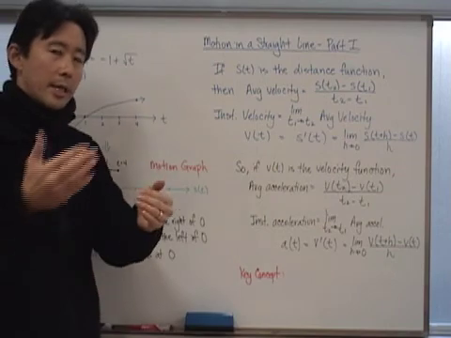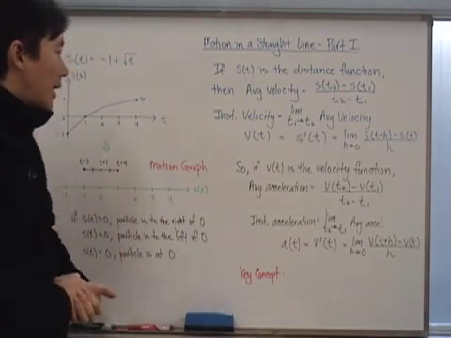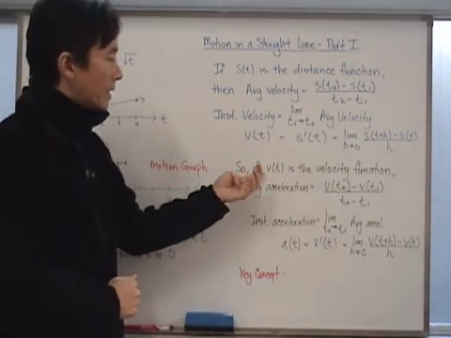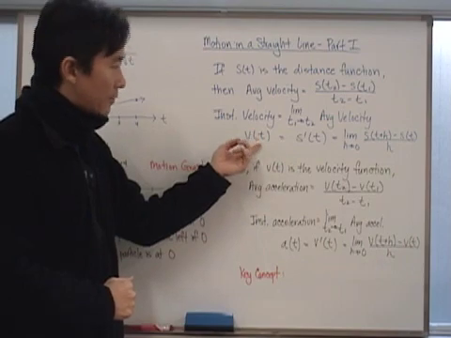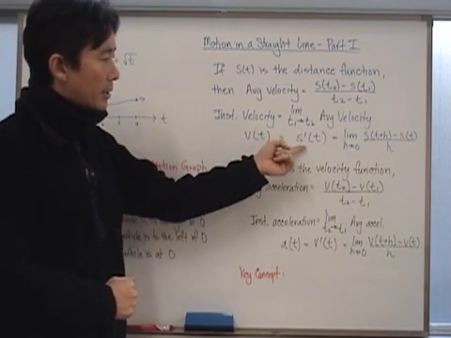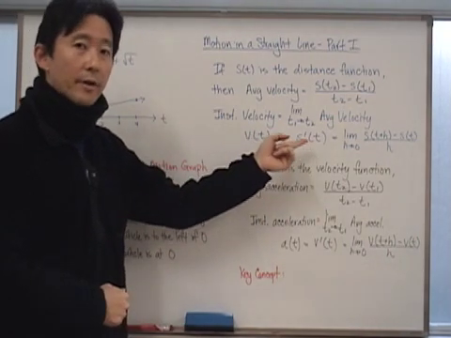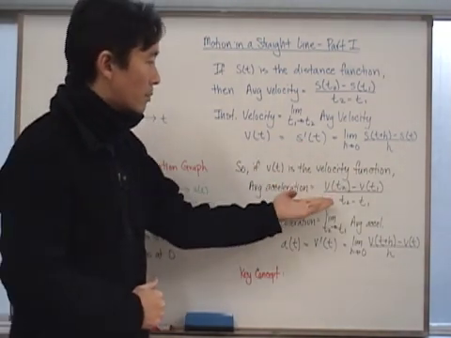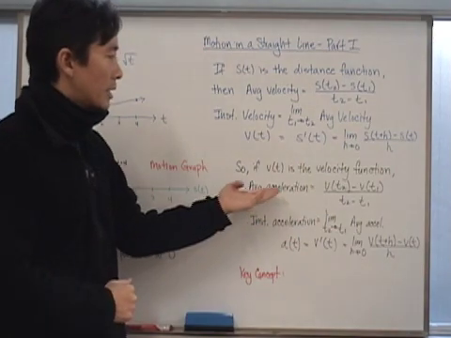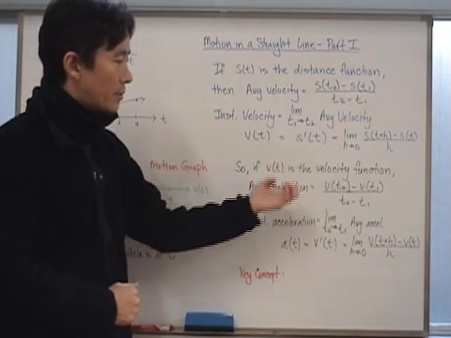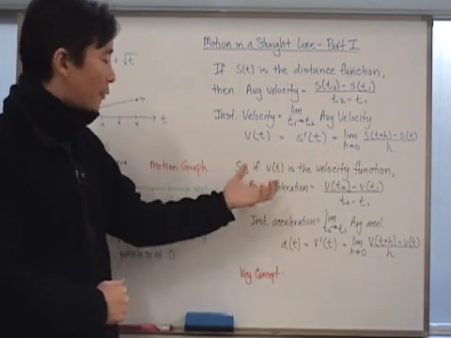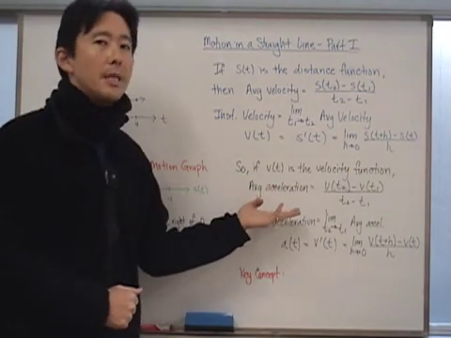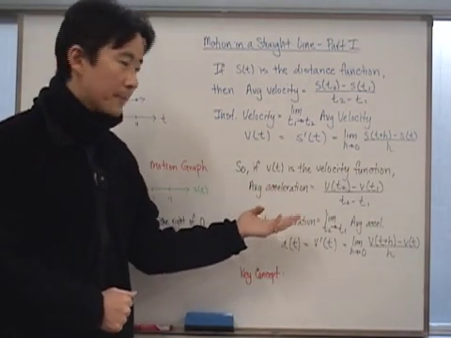Now, we want to take this one more step, and now that we know that the velocity function is actually going to be the same thing as the first derivative of the distance function, what if we take the derivative once more and talk about the change in the velocity with respect to time? If we do that, then what we're talking about is the average acceleration.